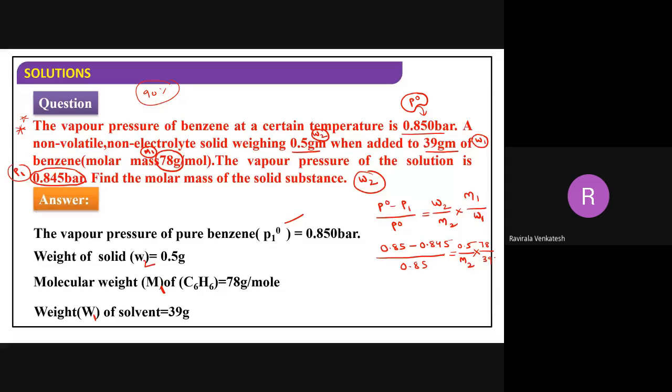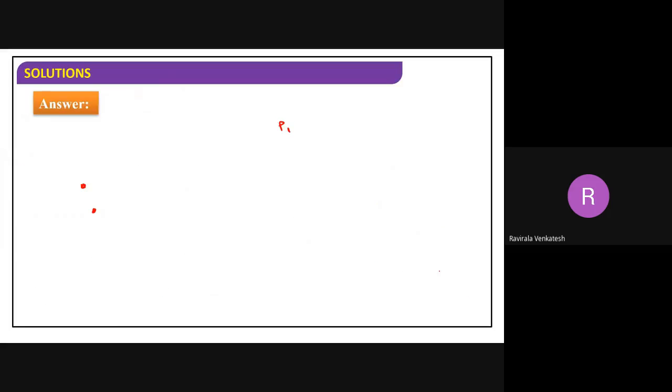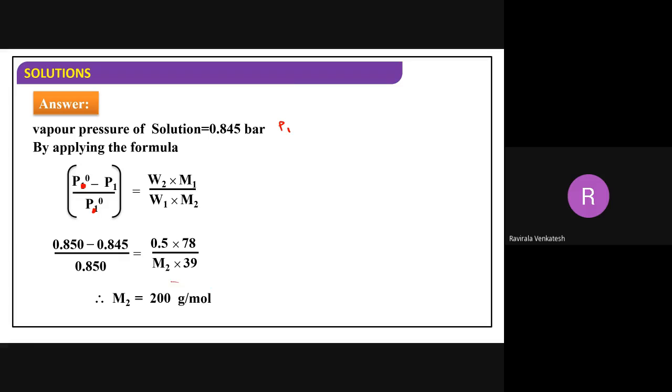Now you can do this, 13 by 78 gives 0.1, so 0.1 M2 here. Now you send this one and you will get the answer like this: 200 grams, 200 is the molar mass of the solute here. In this way you can do the problems. Very simple it is.